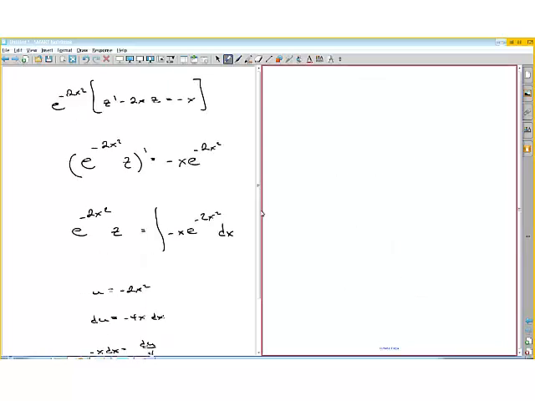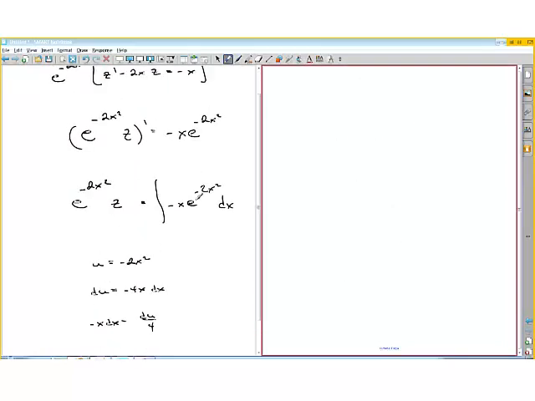So then I can make those substitutions into here. And I would get the integral of e to the u du divided by 4.